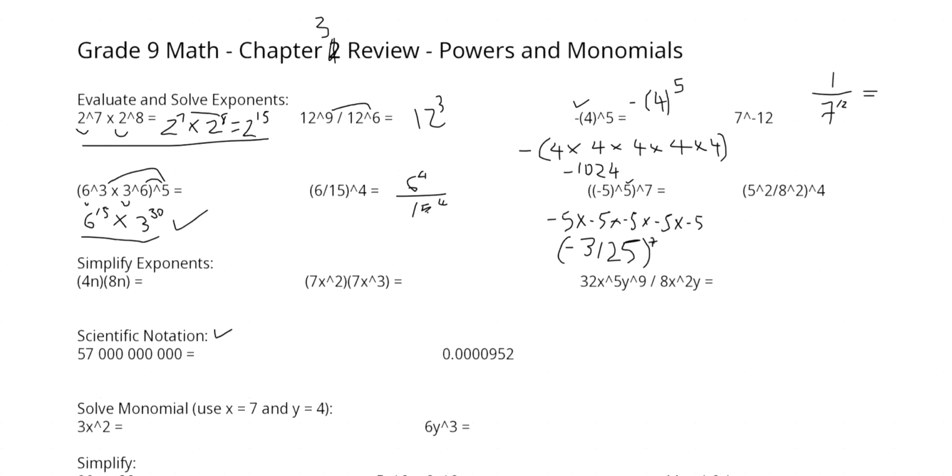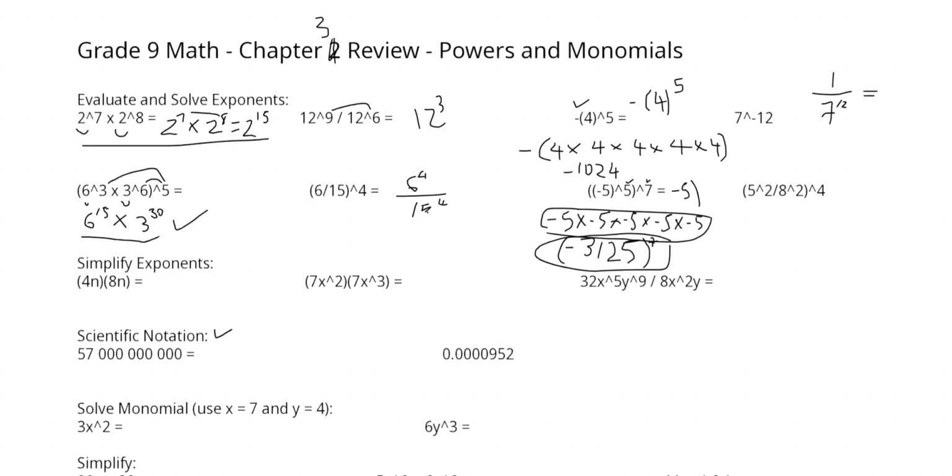Not in this case. So the simple thing to do is when you have a bracket, you multiply the two exponents, because basically what you're saying is -5, in bracket, and that's to the power of 5. And then that number to the power of 5 is also to the power of 7.